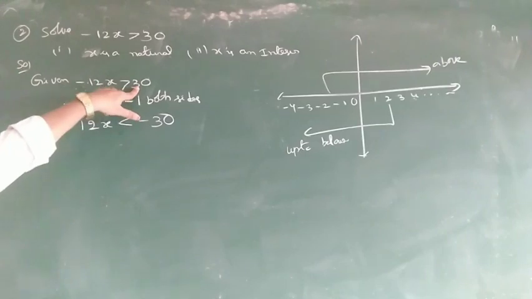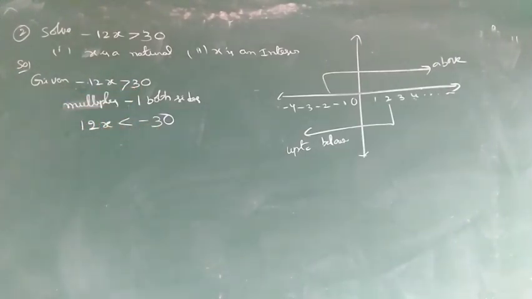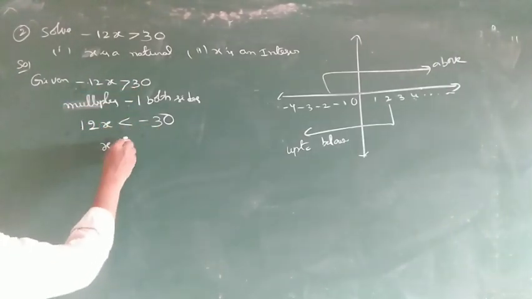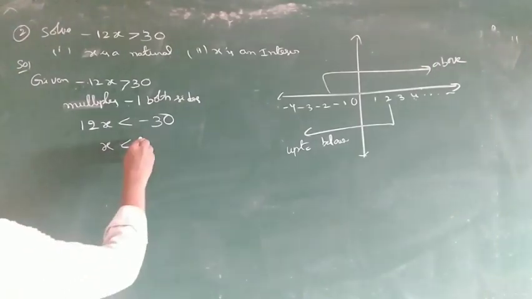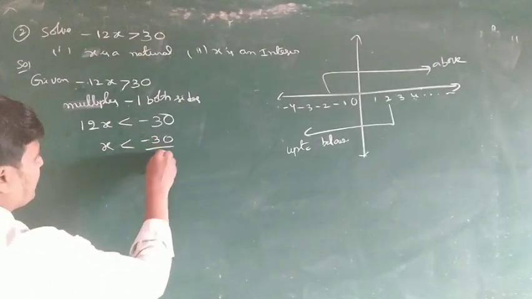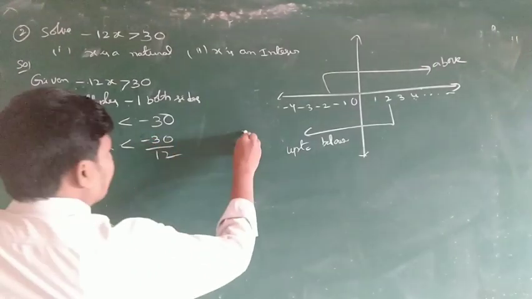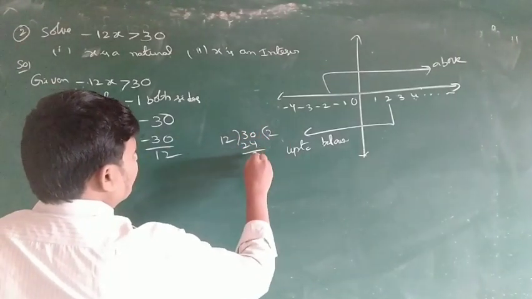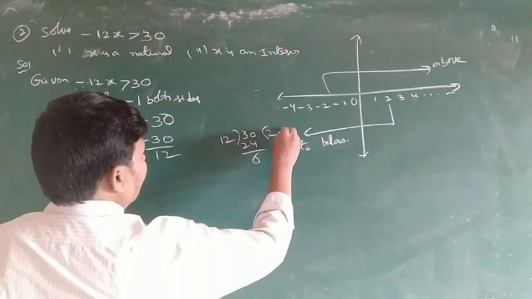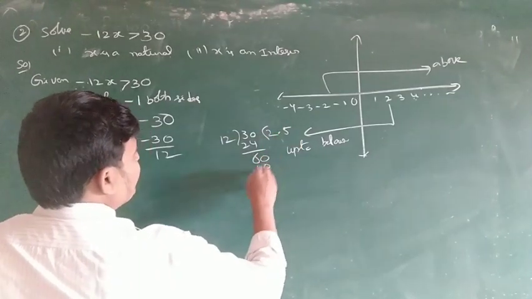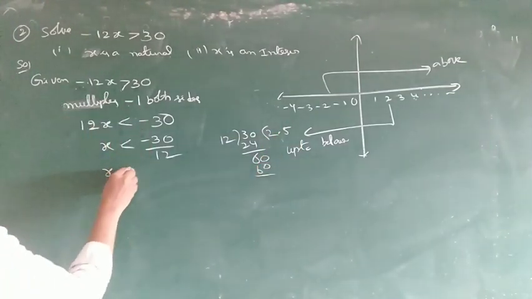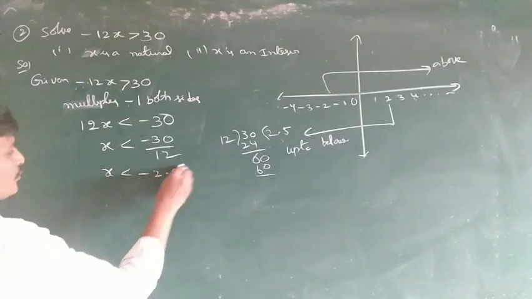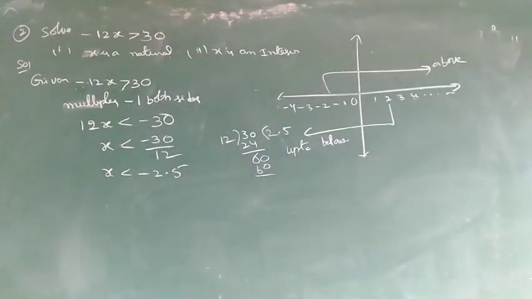Next, the same procedure: minus 30 by 12. 12 2s are 24, 6.2, 12 5s are 60. So x less than minus 2.5.